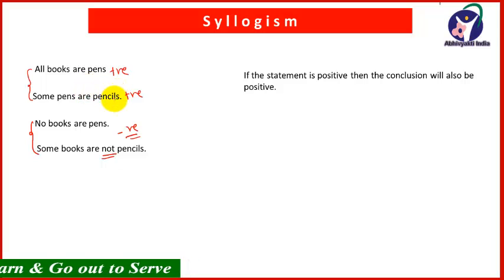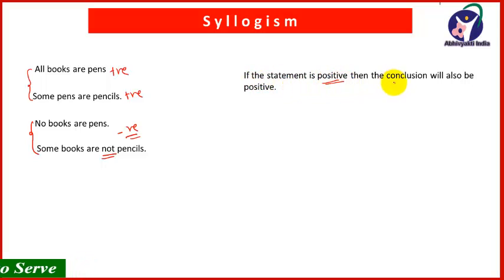So whenever you solve the questions on syllogism, first check whether the statements are positive and then compare it with the conclusion with the rules I am going to explain. Here is the first rule. If the statement is positive, then the conclusion will also be positive.